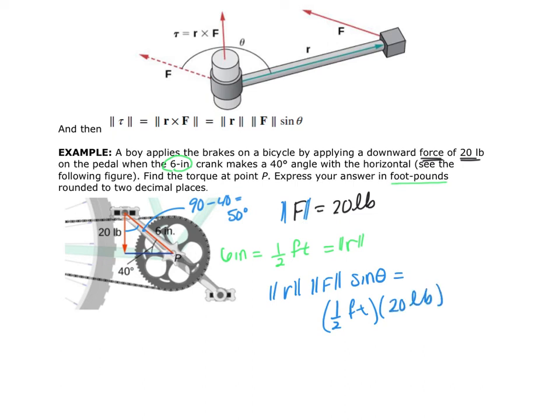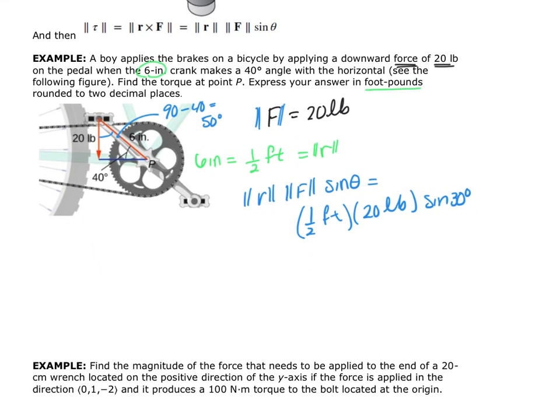And then I just have to do the sine of 30 degrees. I multiply all this together and I get my torque. And I'm not very good at writing tau, so bear with me. And I put this in my calculator and I get 7.6604 foot-pounds. So that's my answer.